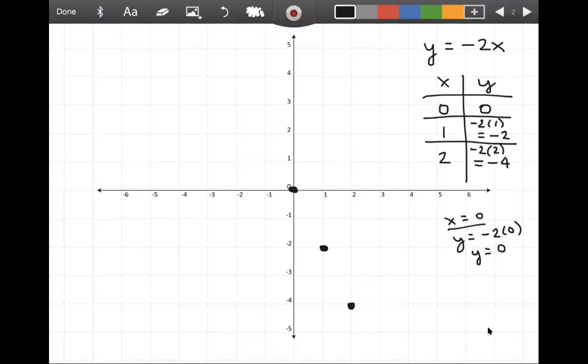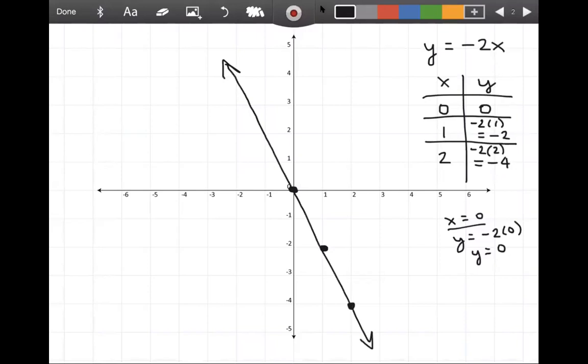And those points look like they line up. So this line is going to look something like this. All right, pretty happy with how that one turned out.